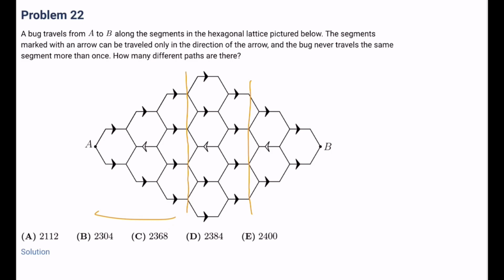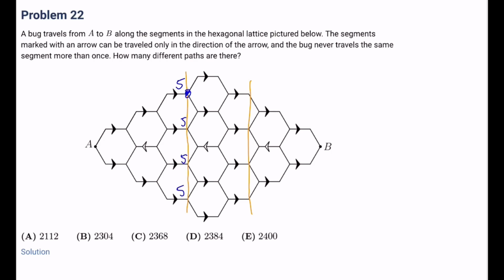From A, we can go all upwards, or we can go one down and upwards like that. So that's 2, and we have 3, or we have 4, and we have 5 like that, right? So we have 5 paths right here. And if you see, it's going to be the same for all of these 4, so it's all going to be 5.